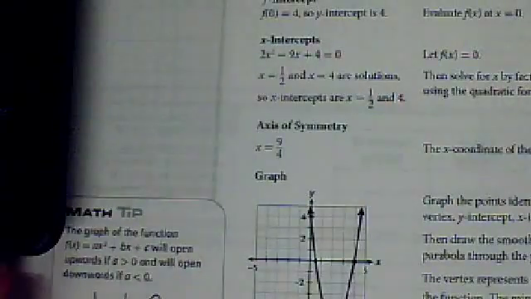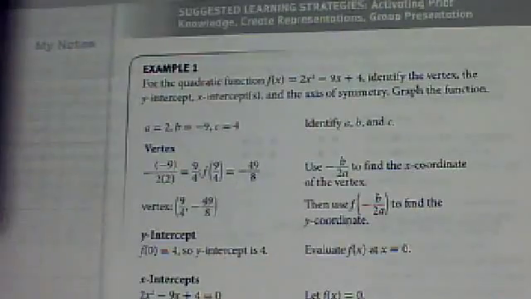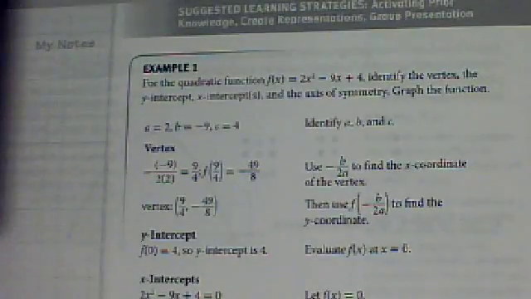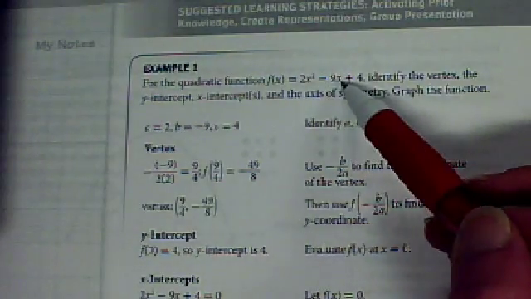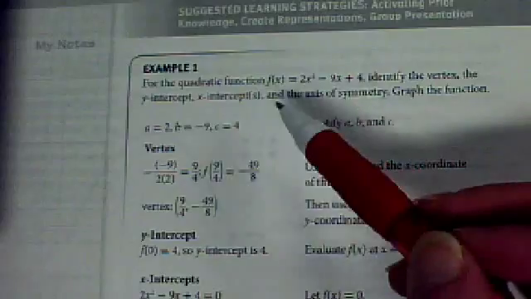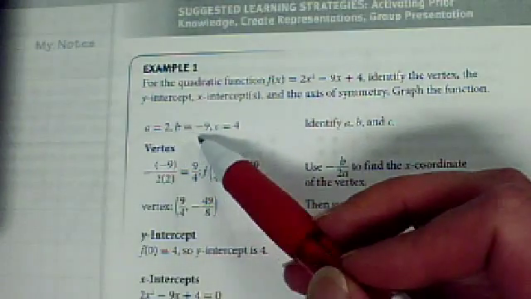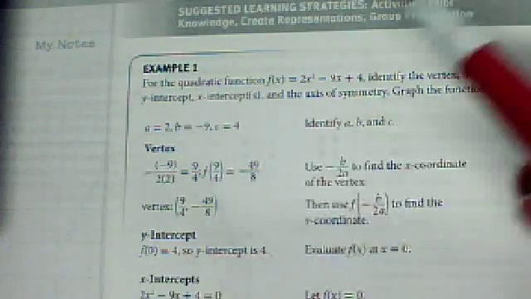Now let's look through an example that's already on your worksheet. If we had a quadratic and we needed to find all those important features, let's talk through how we would find each one of them. So if we had 2x squared minus 9x plus 4, that means a is 2, b is negative 9, and c is 4.